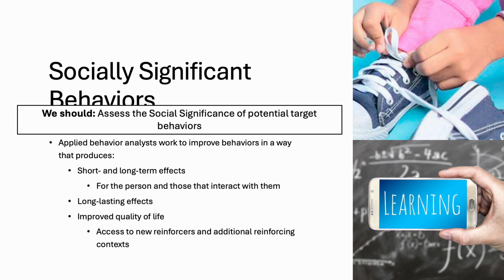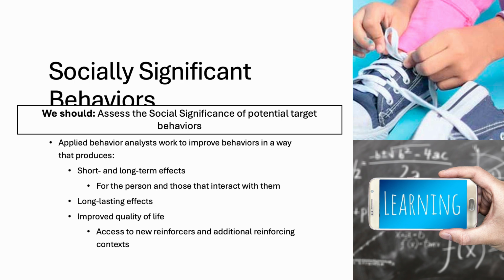Now, this topic of socially significant behavior is such an extensive topic, okay? We will not be focusing on the social significance of behavior in this particular course, but there are ways to decide in a systematic way which behaviors we want to prioritize. You will learn how to do this, but it will be in a future course. Within this lecture, I'm simply going to introduce the topic of socially significant behaviors.